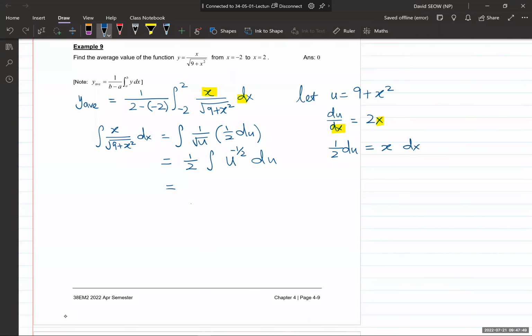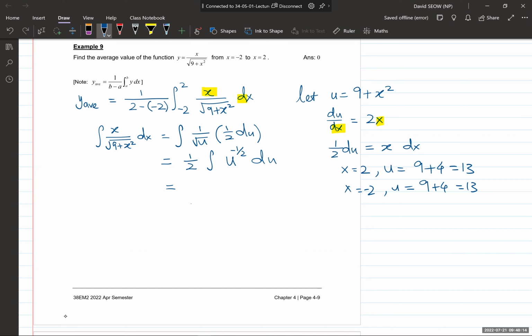I also want to put in my u values. When x is 2, my u is 9 plus 4, 13. When x is minus 2, u is again 9 plus 4 equals 13. So it's 13 minus 13, it will be 0. Yeah, so it's kind of lame.